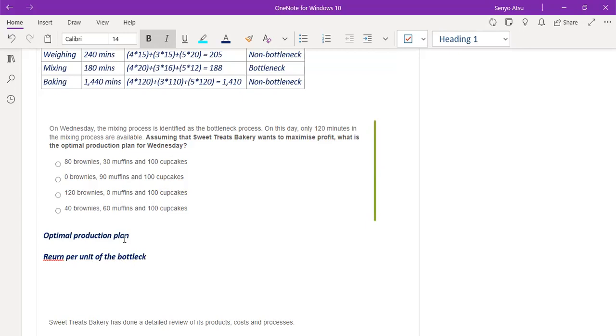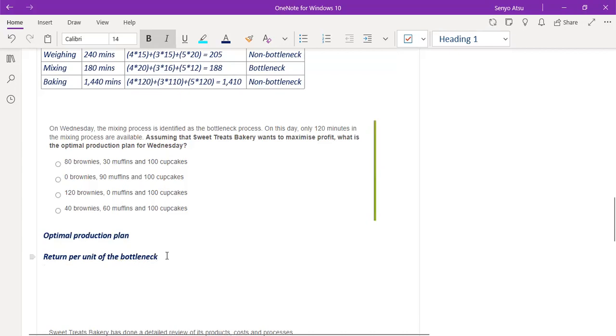You were told on Wednesday, the mixing process is identified as a bottleneck process. So let me qualify that. Return per unit of the bottleneck will require that for each of the products, I'll work out the return, that is throughput, which is sales minus material cost.